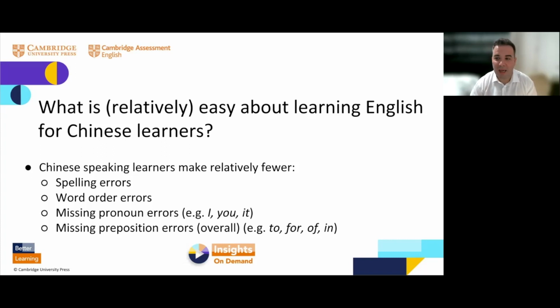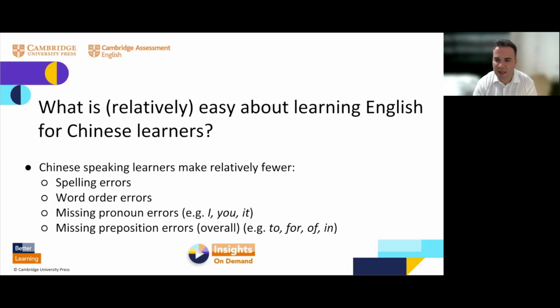Another reason why English can be easy at first is that it does not have complicated morphology, which is the case in languages like Russian or Arabic. Its alphabet is also well known internationally compared with, say, Chinese characters.